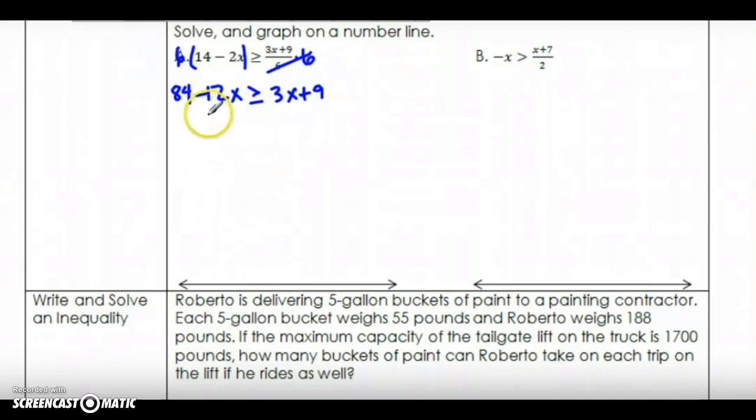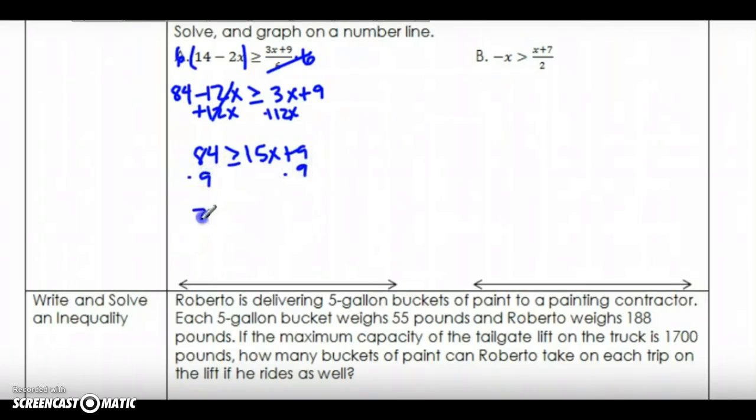Now let's get rid of the smaller variable. That would be the negative 12x, by adding 12x to both sides. We get rid of that. 84 is greater than or equal to 15x plus 9. And then get rid of that 9 by subtracting. We get 75 is greater than or equal to 15x.